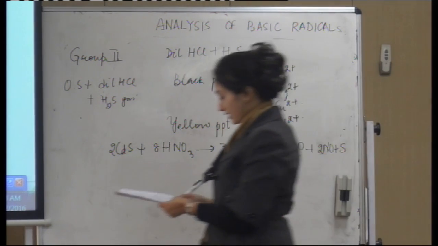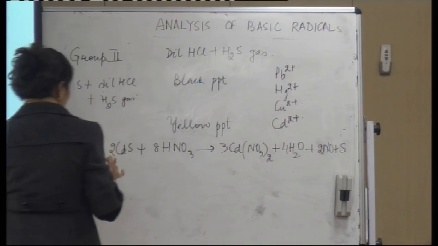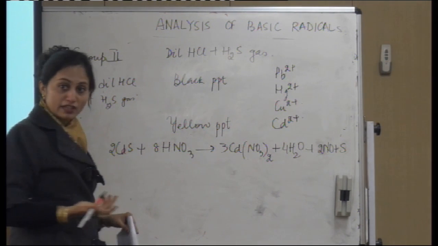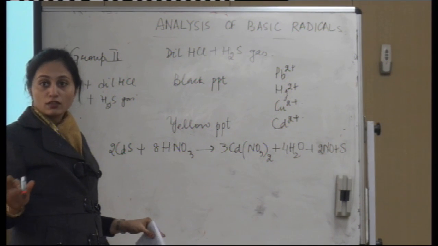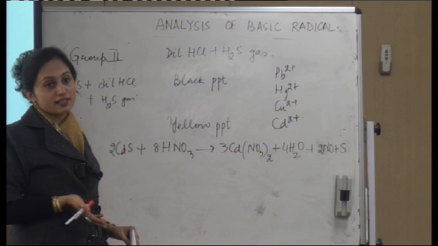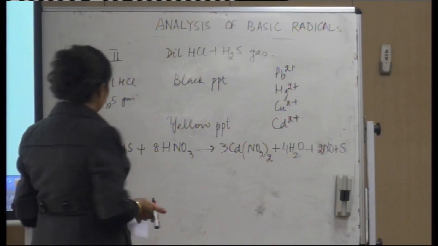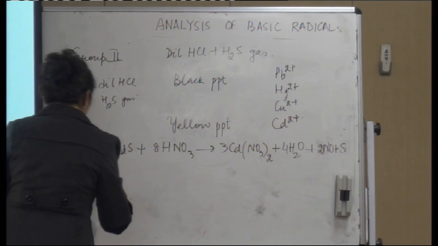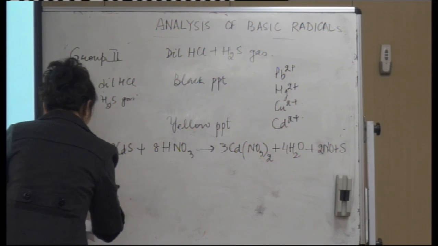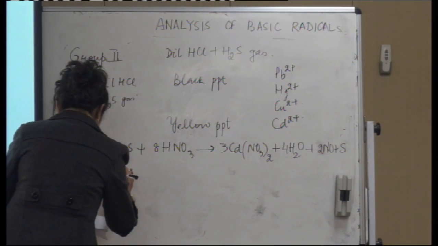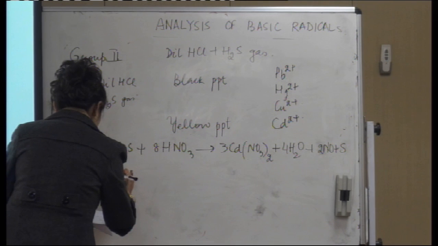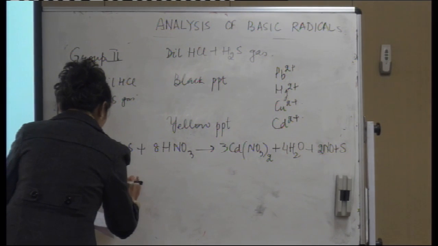Then in the next case, let's talk about performing a confirmatory test. This was an indication, and in the indicatory test you only get the sulfides precipitating out in this group. Now we are moving on to the confirmatory test: to the original solution we can add potassium chromate, K2CrO4.